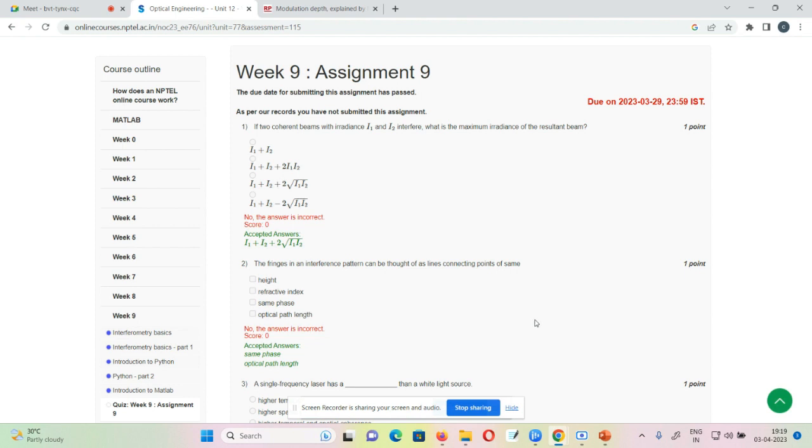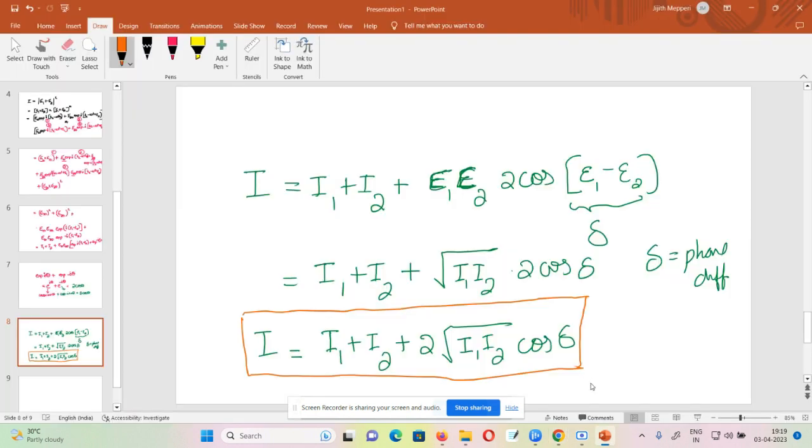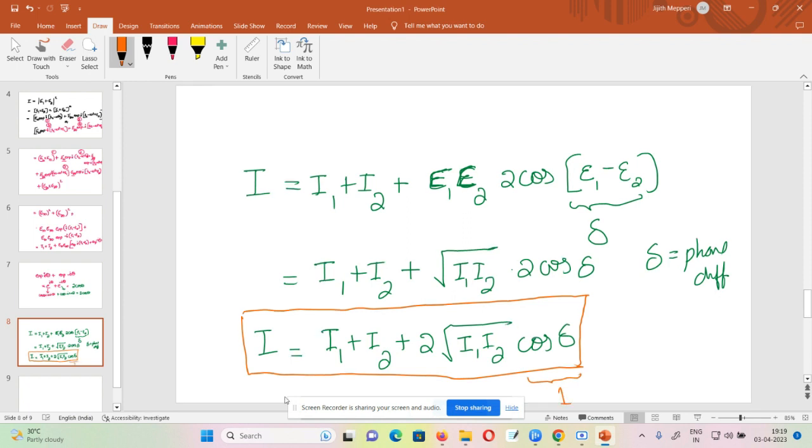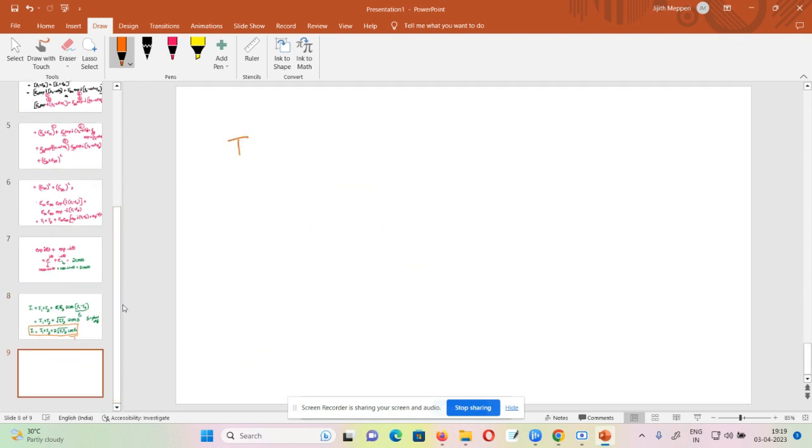At theta equal to? 0. Yes. The maximum value of cos theta is 1 at theta equal to 0. So if you want to get a maximum value of intensity, you can put cos theta as 1. So you will get I is equal to I1 plus I2 plus 2 root I1 I2.